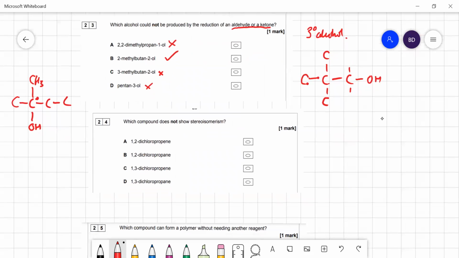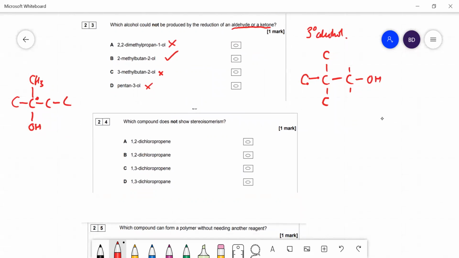Which compound does not show stereoisomerism? So we've got to think E/Z isomerism or optical isomerism. 1,2-dichloropropene. Let's draw that. Chlorine there, chlorine there. You can see that that can show E/Z isomerism. 1,2-dichloropropane.